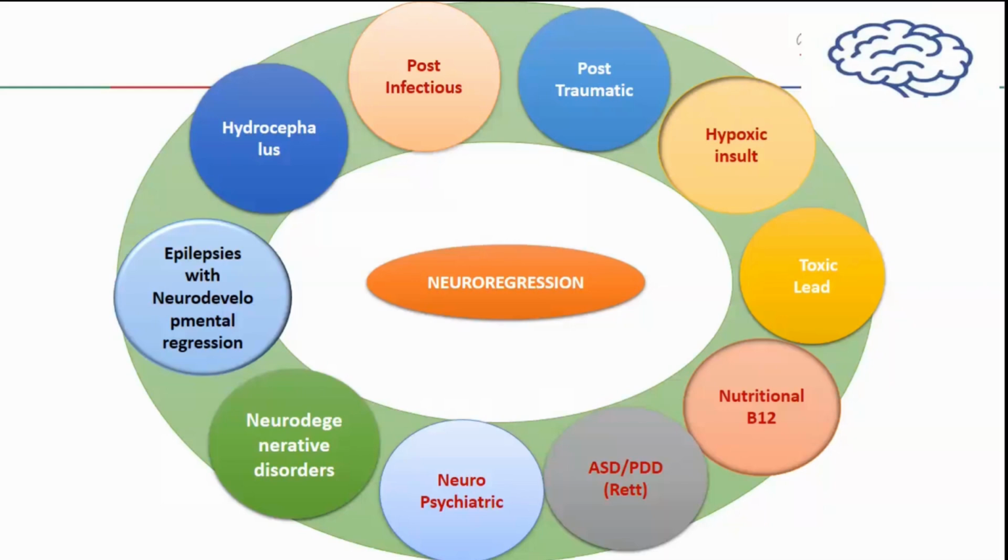Neuropsychiatric disorders, other neurodegenerative disorders which are actually genetic, and importantly, epilepsies with neurodevelopmental regression. There is a large group of epilepsies which is genetic, and if the seizure control is poor, in that situation the child may regress or the development becomes static, stagnation of the milestones.